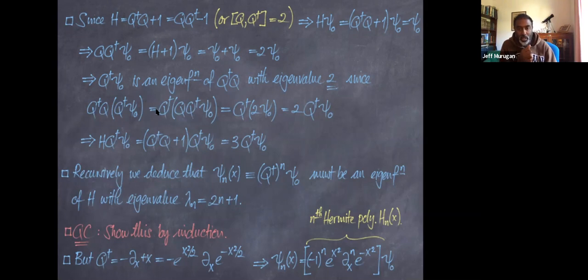And so I make a guess and I say that the function psi n, which I define to be the nth power of Q dagger acting on psi naught, is an eigenfunction of the Hamiltonian, and it will have eigenvalue 2n plus 1. And I ask you to prove that using recursion. Is everybody with me here?